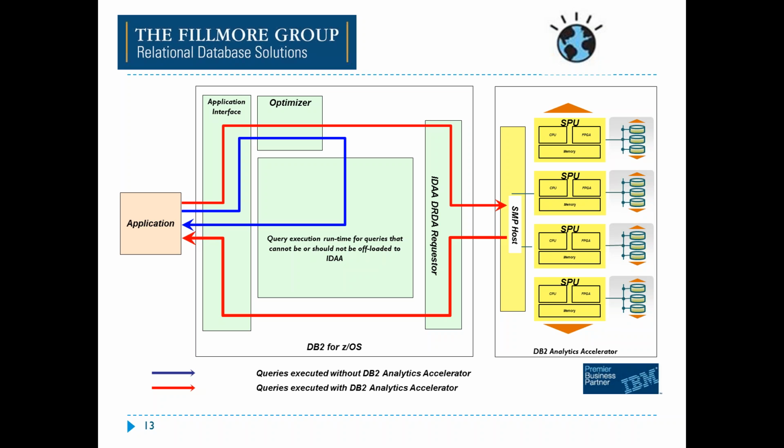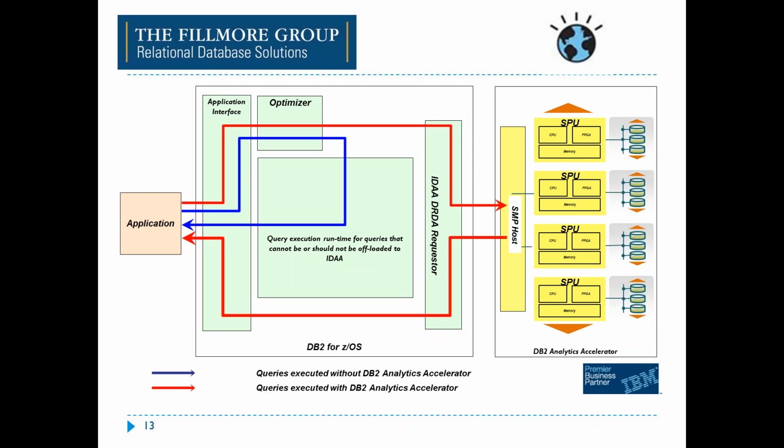On the other hand, if we follow the red line here on this screen, the application goes to the optimizer, and the optimizer says, based on the characteristics of the data you want to retrieve, size of the data set that you want to scan, the size of the answer set that you were anticipated to bring back, and a variety of other factors, I believe I can get that data for you faster by not vending the data directly from DB2 for z/OS, but actually offloading that query to the IDAA, the Netezza PDA that is attached to the right-hand side.